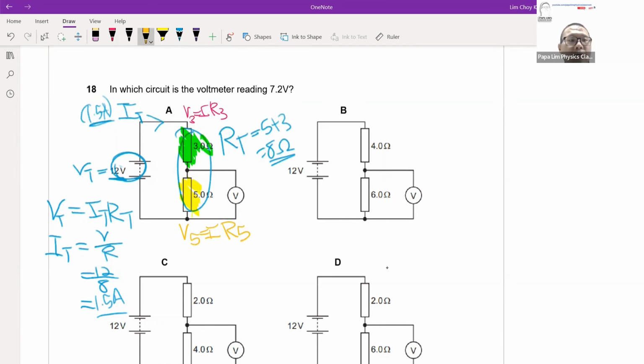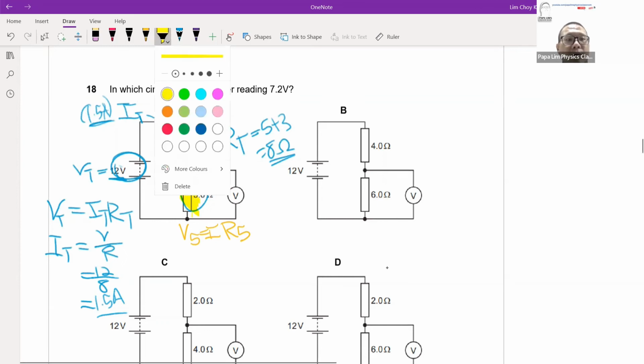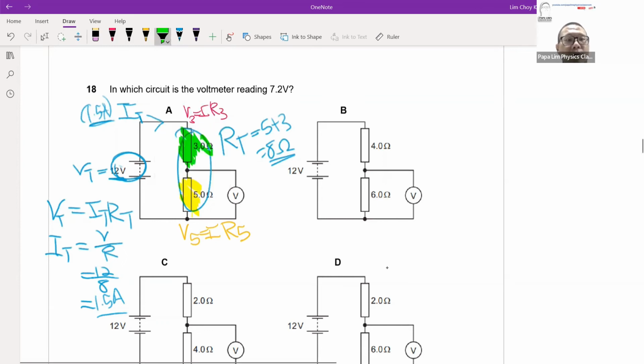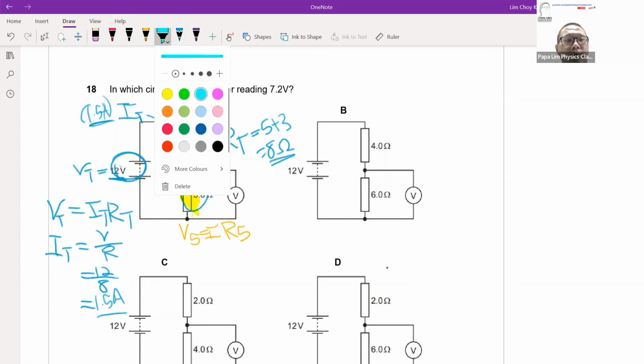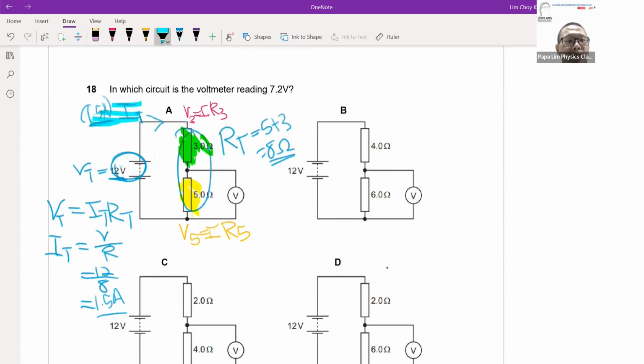You know that the current in both cases is the same, which is your IT. Here, this is IT, this is IT. So from there, I will be able to work out the individual component, or to be exact, the value in my voltmeter.